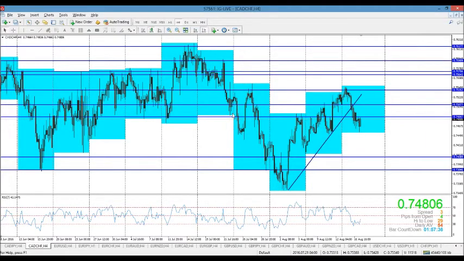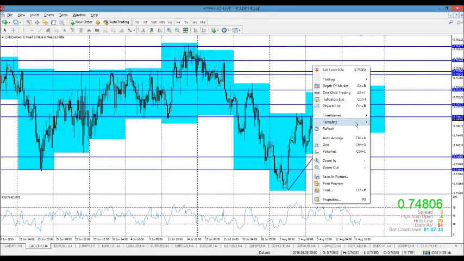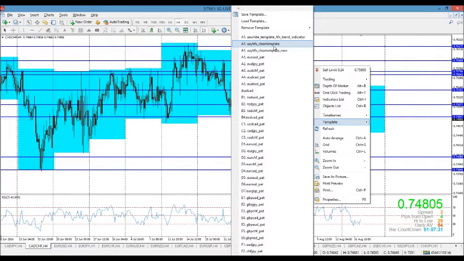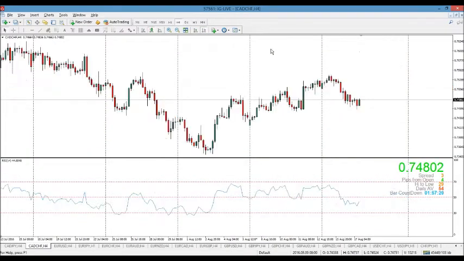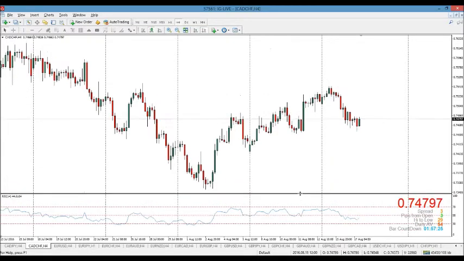It's pretty simple. If I go back to a clear template, this is what a chart would look like without any boxes. Now, if you want to draw a weekly high and weekly low, you need to go to the H4 chart, which I've selected here, and you'll see these perforated lines that separate the chart.